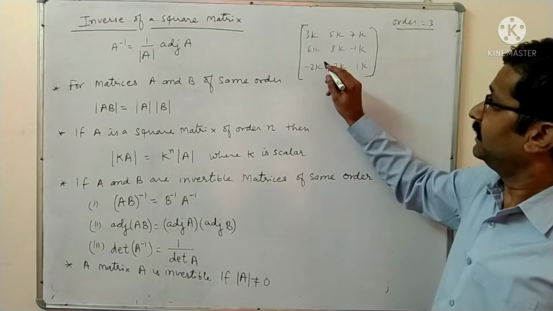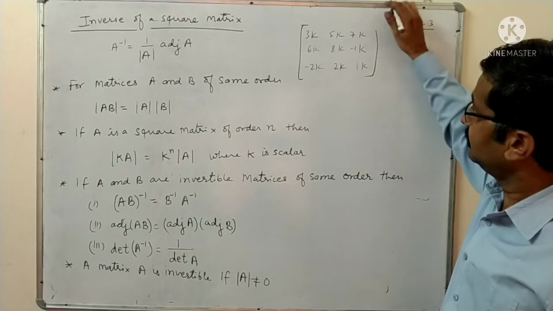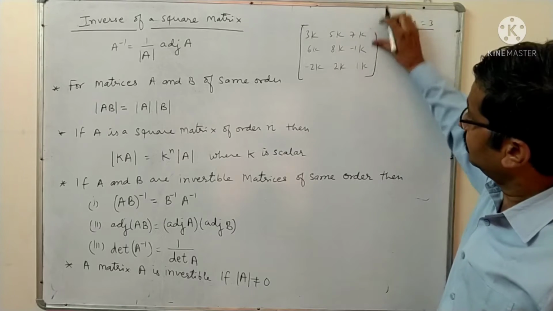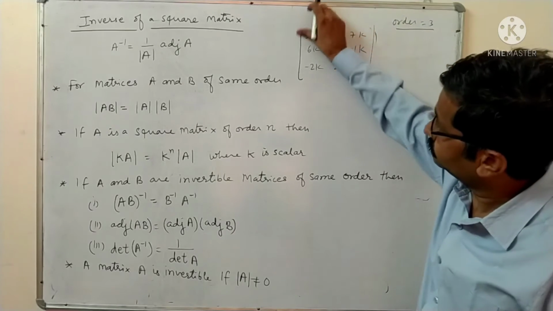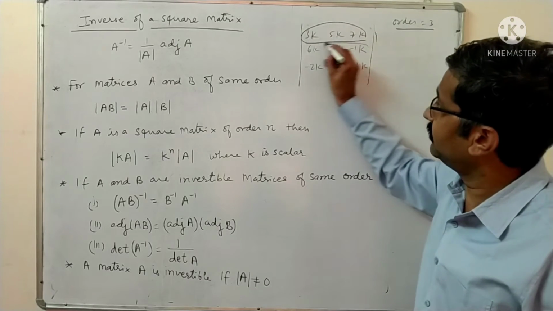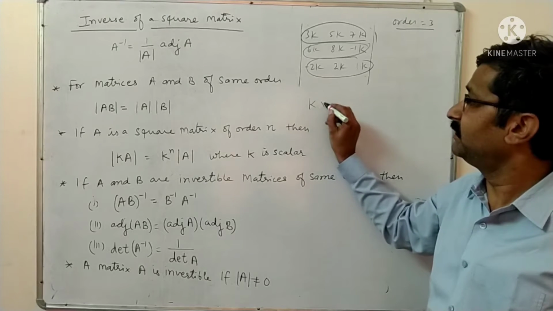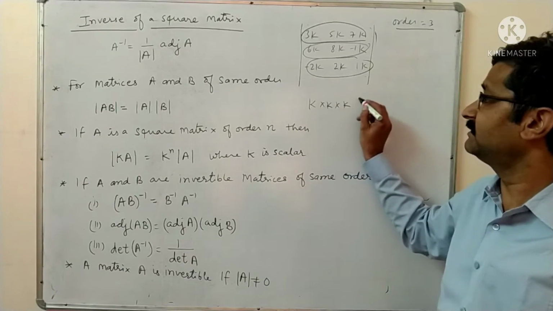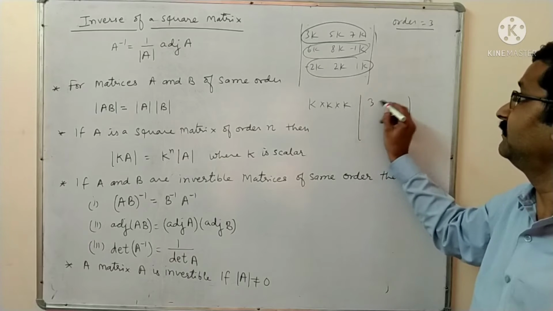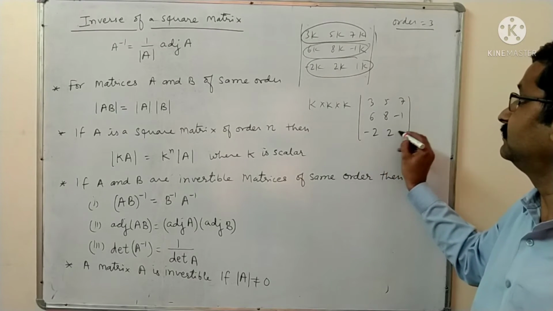Now, first of all, we change this matrix into a determinant. And in the determinant, from each row we have to take K common. So we get K into K into K, 3 times, and the determinant remains as it is: 3, 5, 7, 6, 8, -1, -2, 2 and 1.